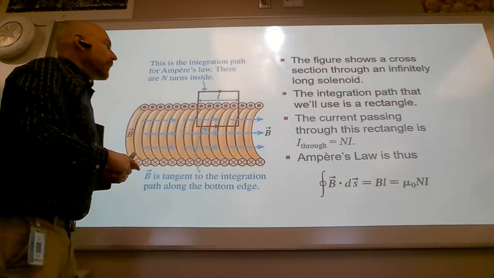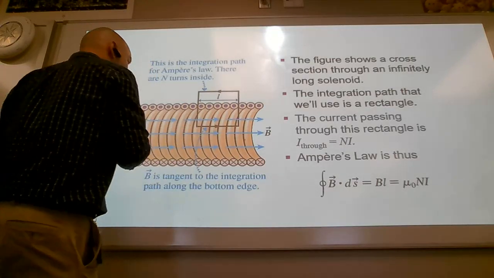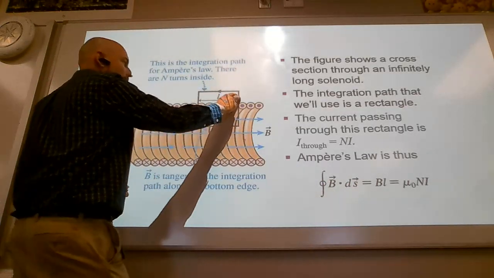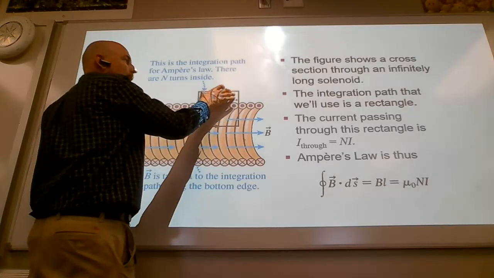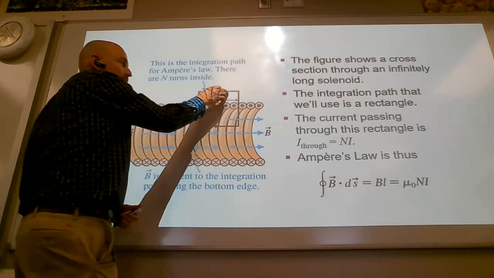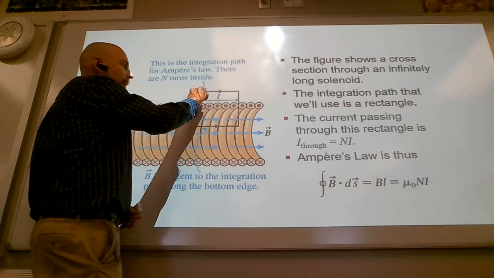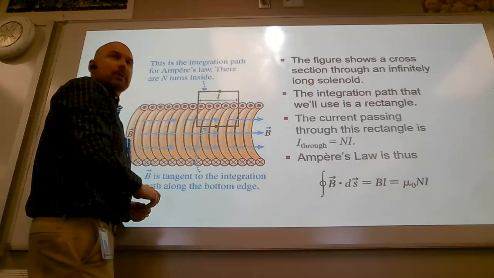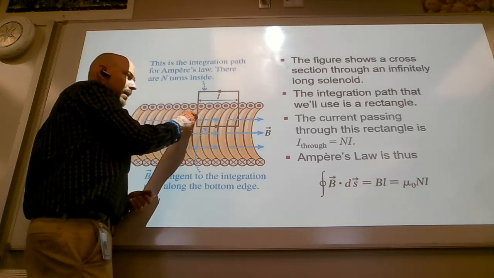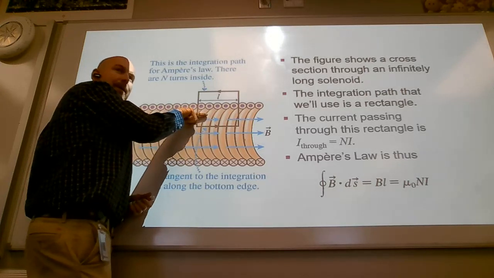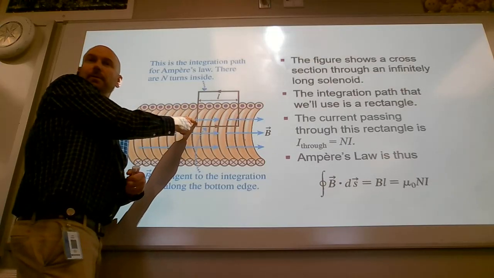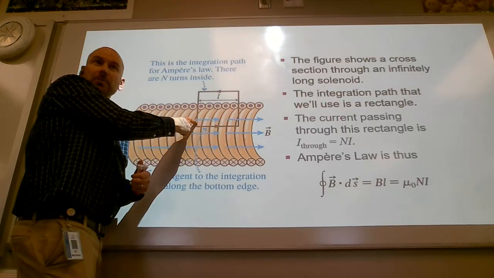Now we need to evaluate the line integral. Out here, there is no magnetic field ideally, so nothing is contributed. Inside, the magnetic field going this way is perpendicular to this part of the Amperian loop, so that part contributes 0.